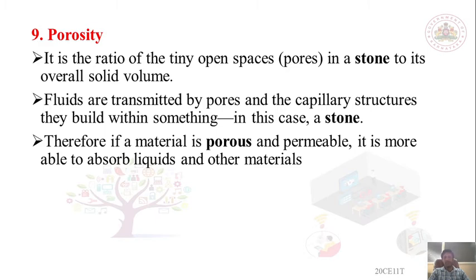Therefore, if the material is porous and permeable, it is more able to absorb liquids and other materials. If the stone is more porous, it will absorb more water. If it absorbs more water, then eventually the stone is going to be disintegrated and deteriorated. So that is number 9, porosity.